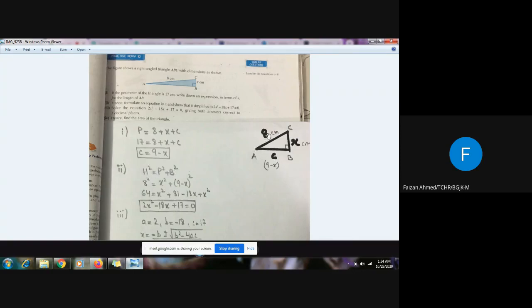Pythagoras theorem is basically hypotenuse square is equal to perpendicular square plus base square. My hypotenuse is 8, so 8 square equals my perpendicular x, so x square, plus my base is 9 minus x, so I will take 9 minus x whole square. 8 square is 64, equals x square as it is, and this can be expanded by using the identity a minus b whole square.